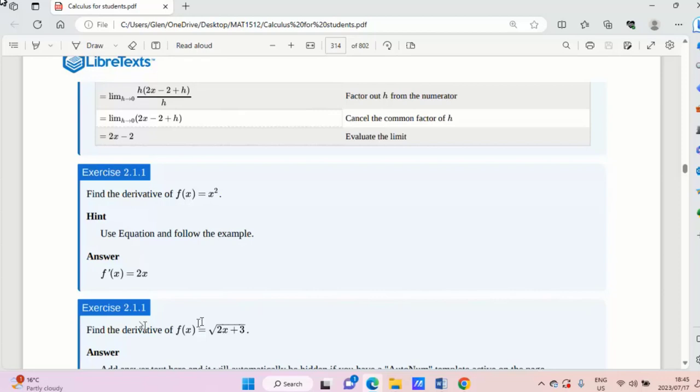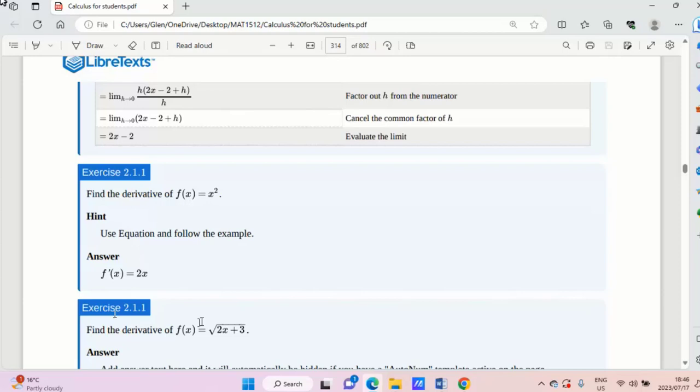The fraction that I do have is the square root of 2 into x plus h plus 3 minus 2x plus 3. My denominator for that one is the square root of 2x plus h plus 3 plus the square root of 2x plus 3.